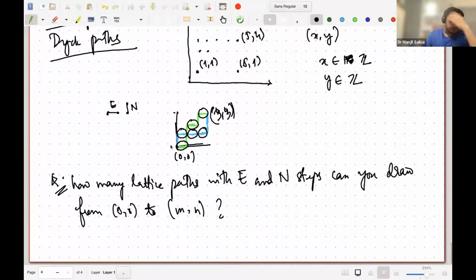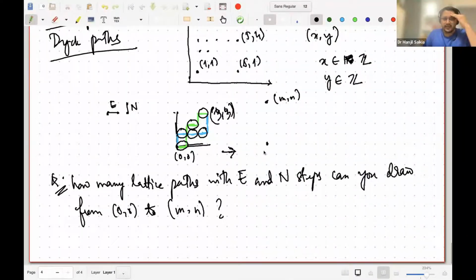And how many north and east steps are there actually? If you want to reach the position (m, n), then you have to go exactly m steps to the east. You have to eventually reach this position (m, n).